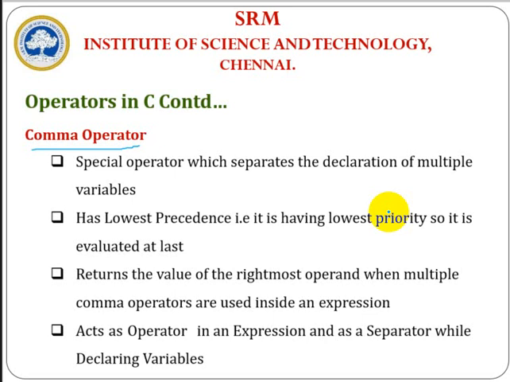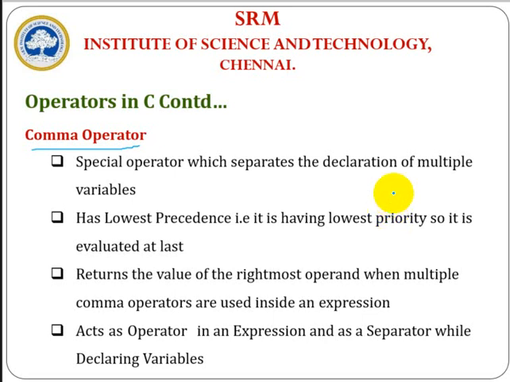The other point is that it returns the value of the rightmost operand when multiple comma operators are used inside an expression. So it will take the value from the rightmost and then assign it. And you can also provide variable values, and it acts as an operator in expressions.